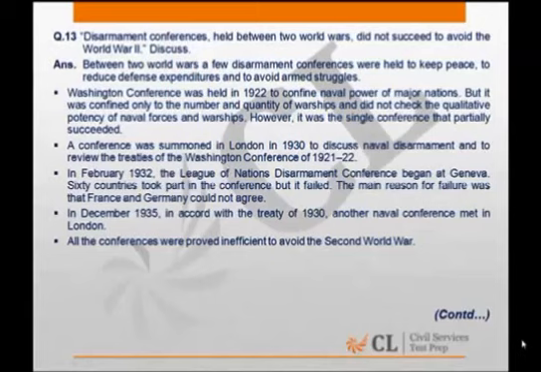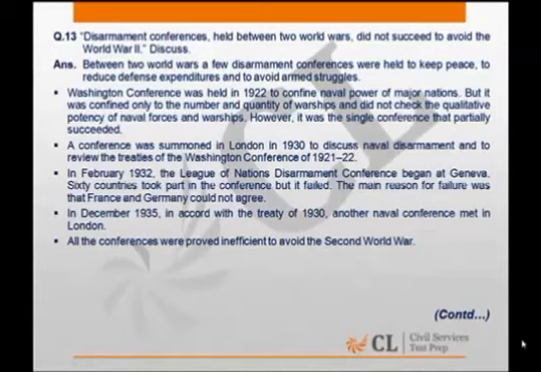Not only that, the lethal potential of the warships was also not defined. So anyone could build any number of naval ships. Generally, it was a single conference that partially succeeded.